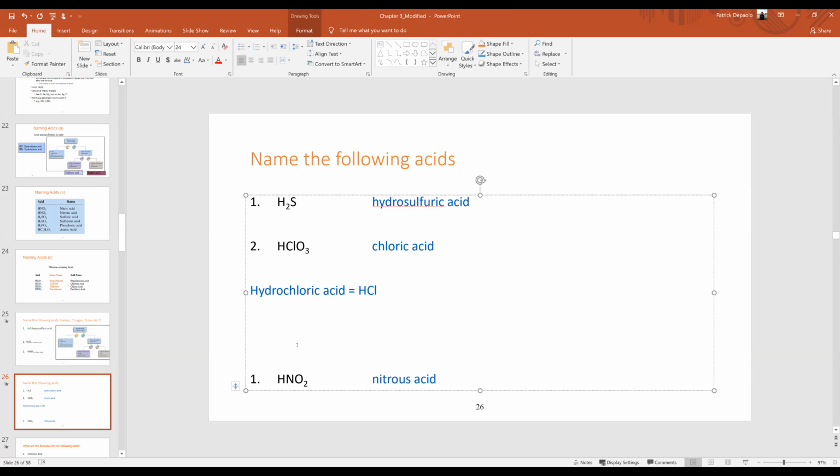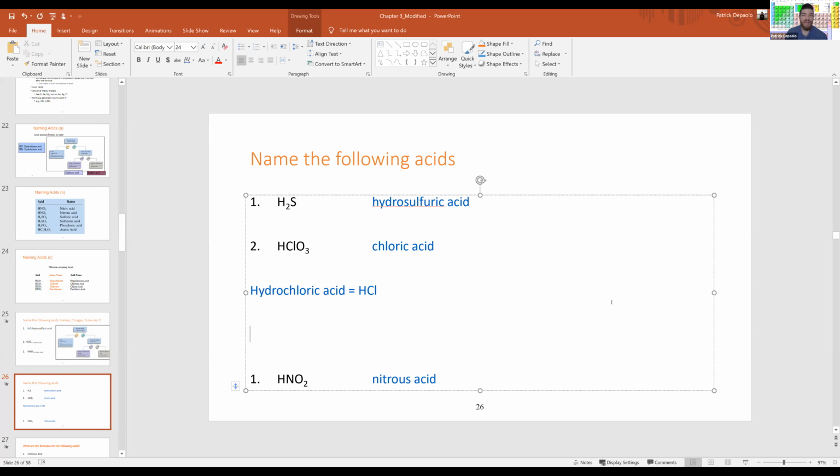So why does the presence of an oxygen in the element eliminate the hydro? It's a good question. I don't really know. That's just the way they name it. I don't think there's any real scientific reasoning for that. Nomenclature wise, they just need to make a distinction between the two.